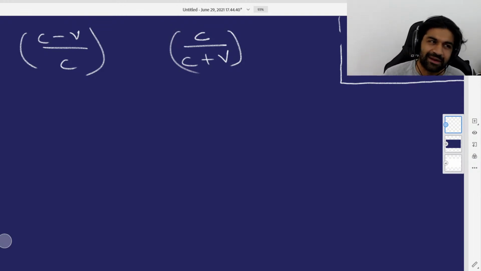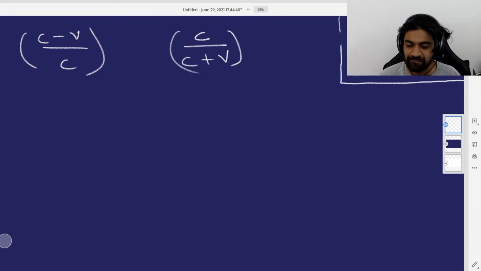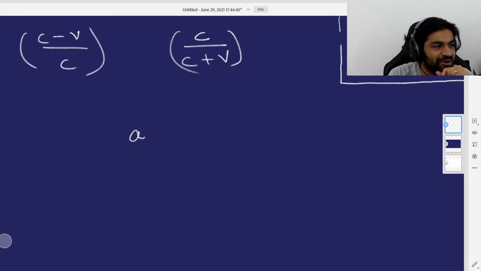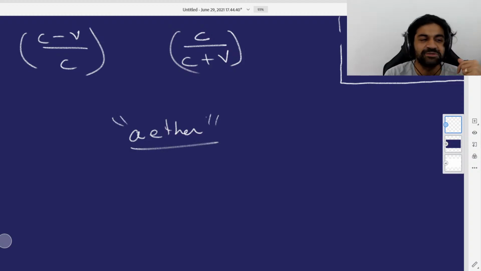And I believe, I'm not an expert on this topic, this type of thinking led people to hypothesize that light also needed a medium to go through, and the medium was called ether. This is the medium that people theorized light traveled through a long time ago.